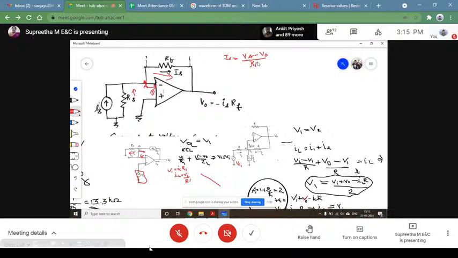What is VA? What is the potential? It is 0. So IS is 0 minus V0 by RF. So what will be our output voltage?